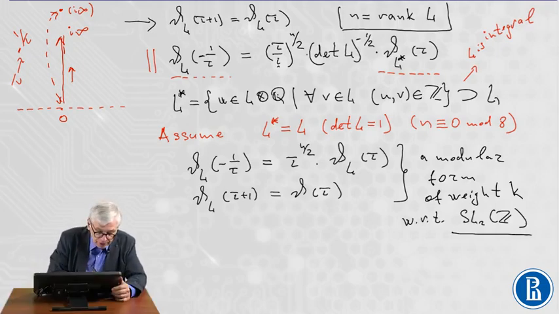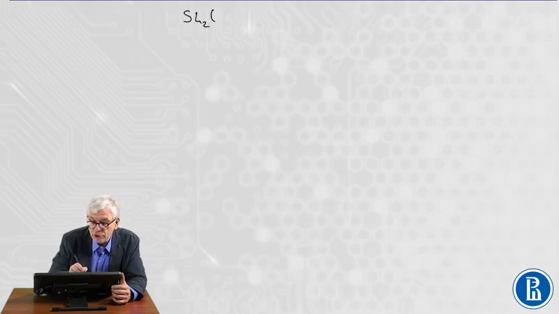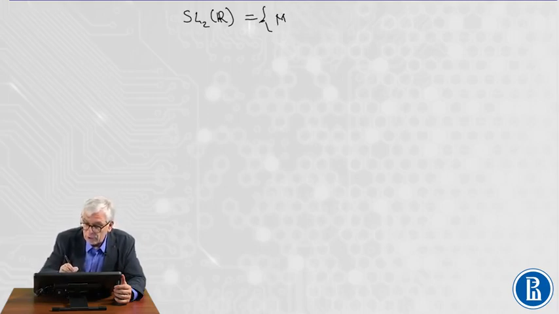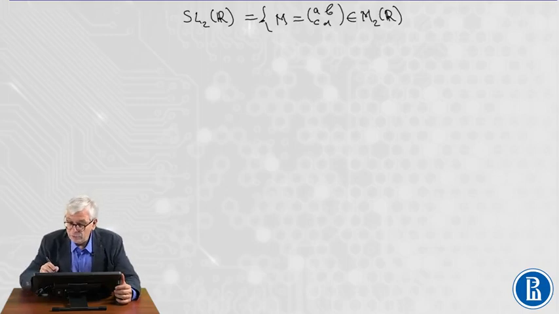The group SL2Z, or more generally SL2R, is a group of matrices a, b, c, d with real elements of determinant 1.